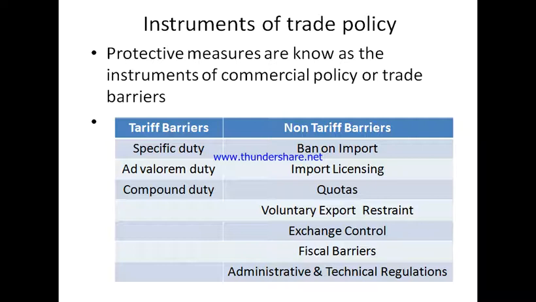Administrative and technical regulation is very much used by the government. In administrative regulation, they make importing, you can say, a frustrating experience, thereby restricting the import.